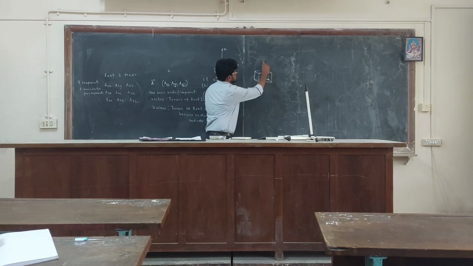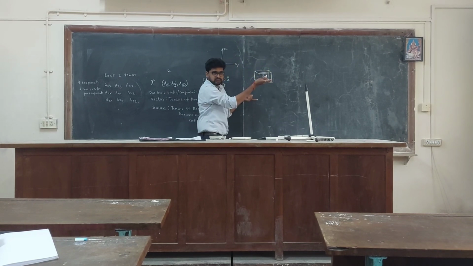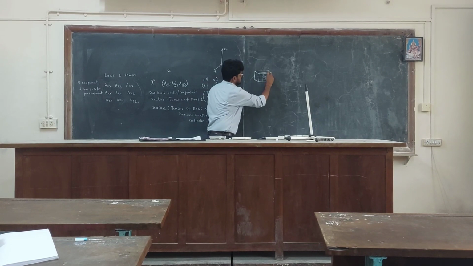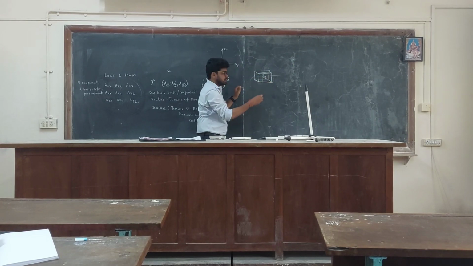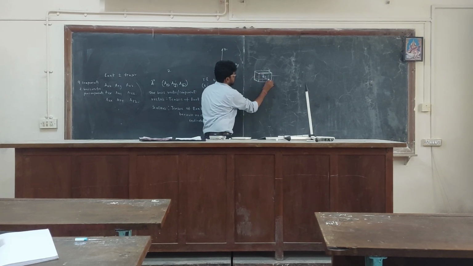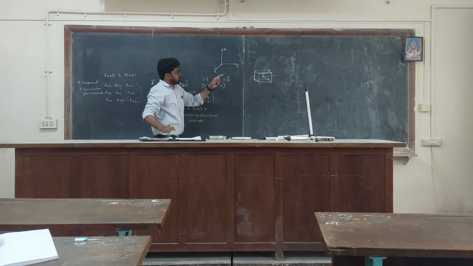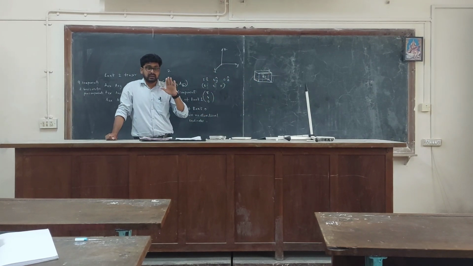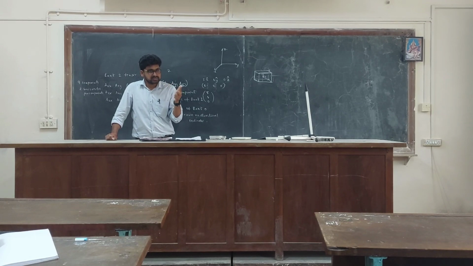Same, this one points along the z-axis, up or down, no worries. This area points along the y-axis, and this area vector points along the x-axis. That means the x direction. See, suppose when you multiply two vectors you will be getting a normal vector, and it points along the x direction. There are surfaces whose area vectors point along the x axis, y axis, or z axis.